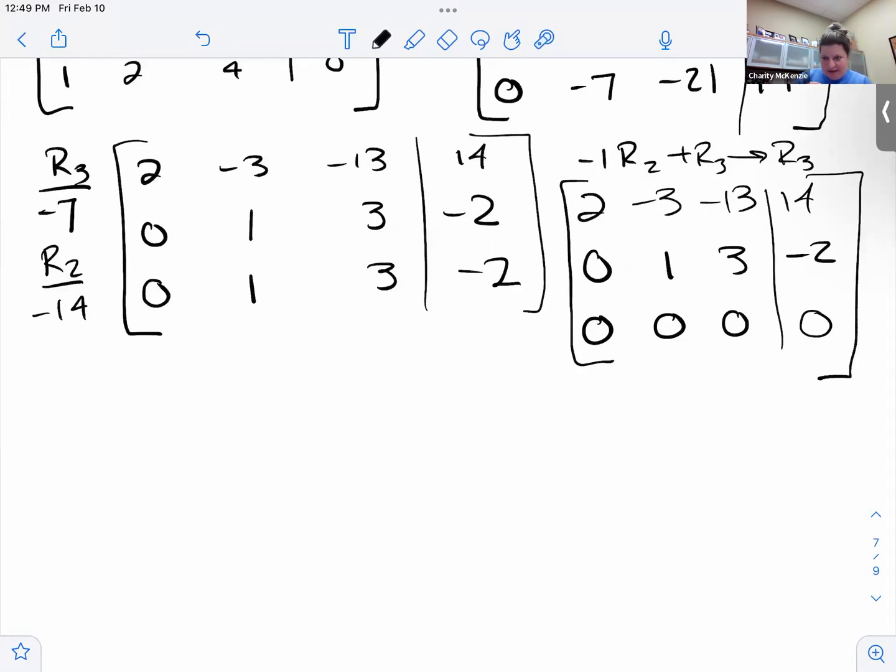All right, so here's where I'm going to go. We know the first row is x1, x2, x3, and then kind of our answer. So I'm going to think of the first row as 2x1 minus 3x2 minus 13x3 equals 14. The second one now is going to be x2 plus 3x3 equals negative 2.